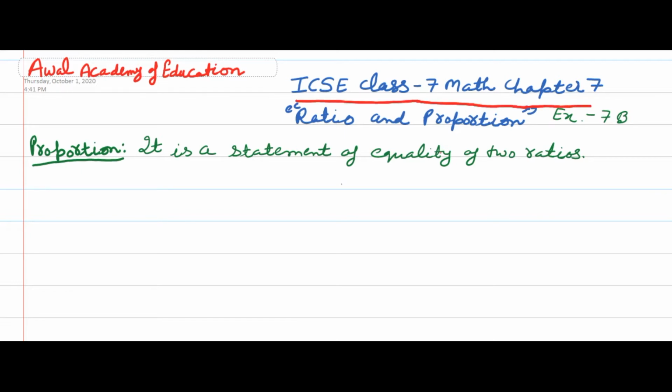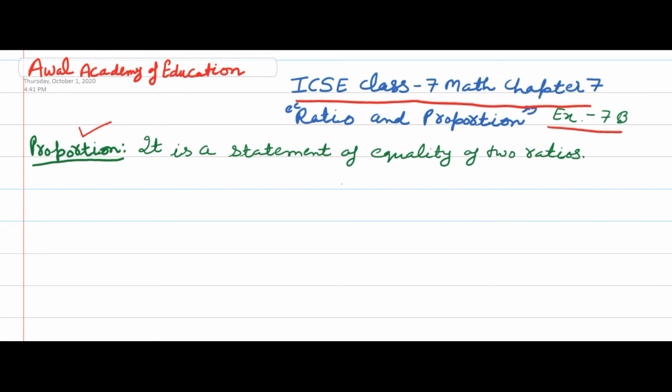Today we will start exercise 7b of the chapter ratio and proportion. 7a of this unit has already been explained to you in our earlier video, right? Exercise 7b relates to proportion.